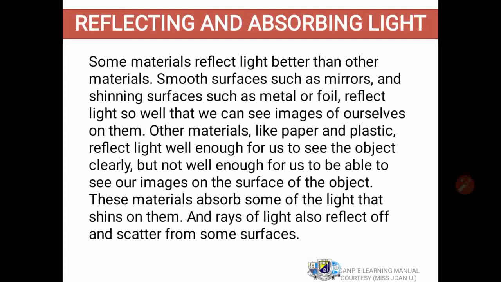Other materials like paper and plastic reflect light well enough for us to see the object clearly, but not well enough for us to see our images on the surface of the object. These materials absorb some of the light that shines on them, and rays of light also reflect off and scatter from some surfaces.